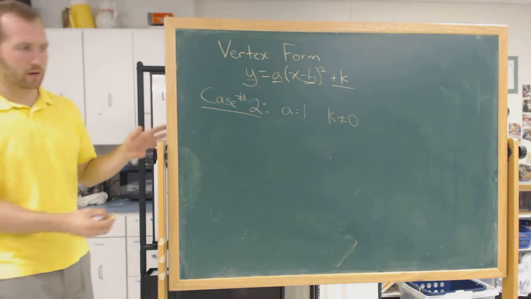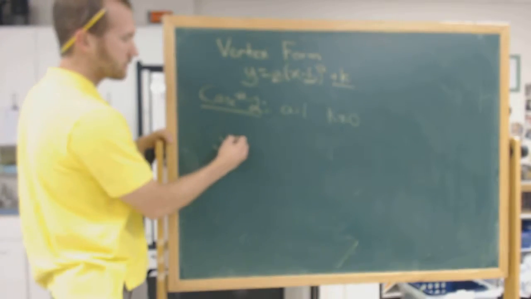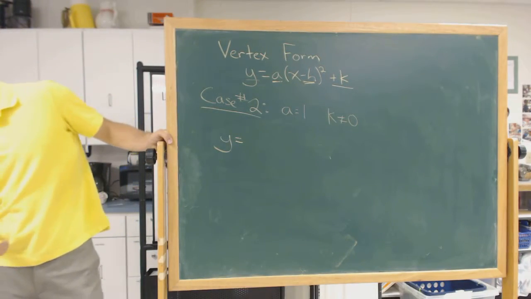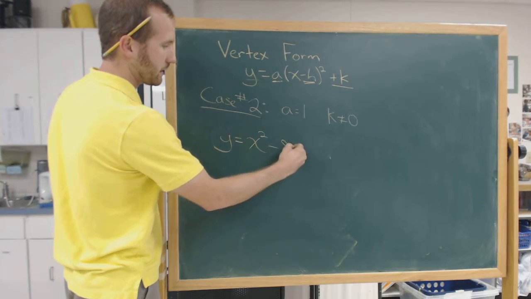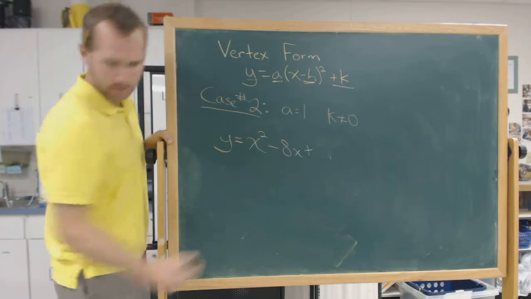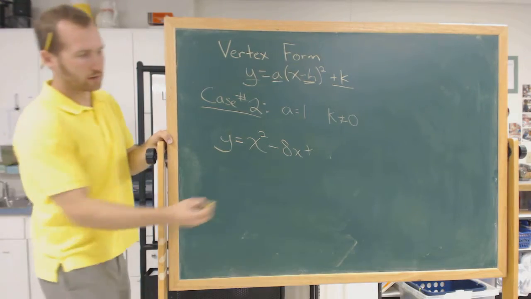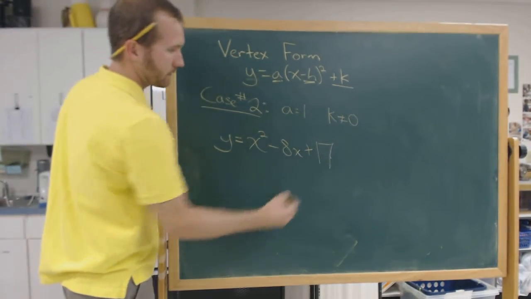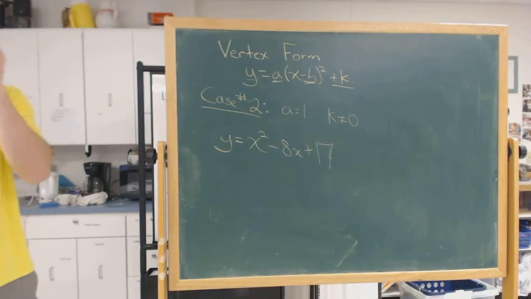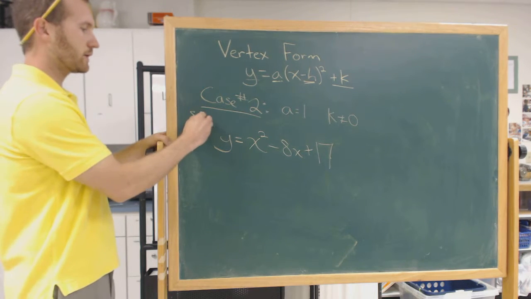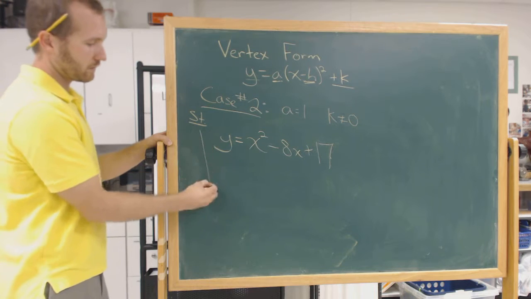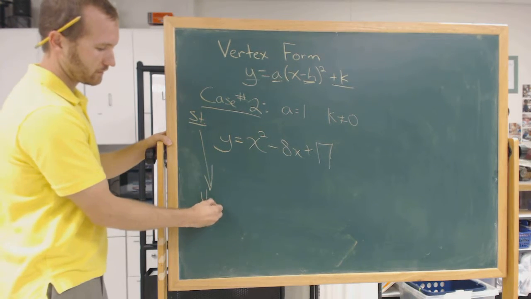So how about y equals x squared minus 8x plus 17. Here's standard form; we want to go to vertex form.